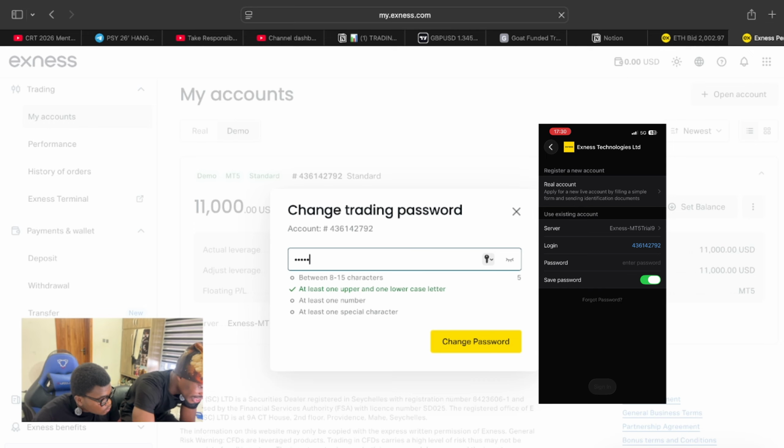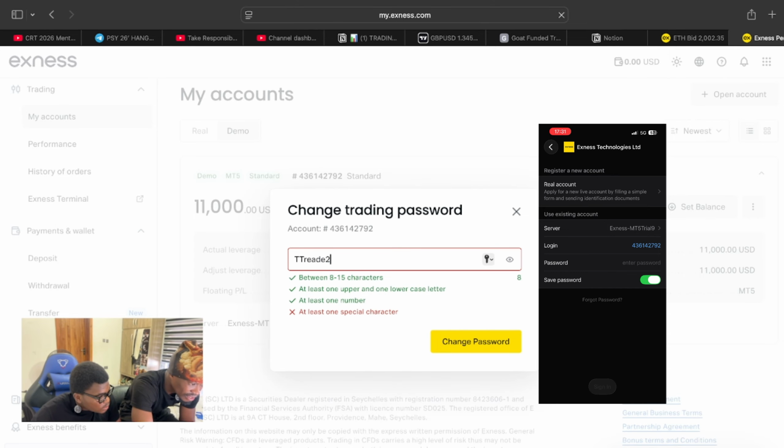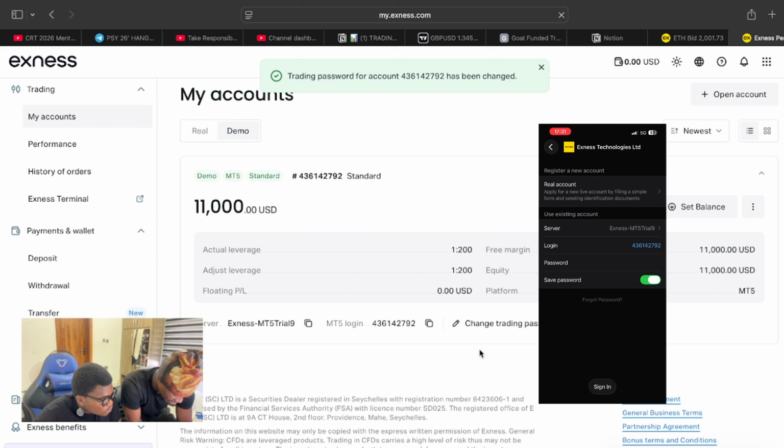TTtrade55@. This is our password, so I'm going to do that right now. TTtrade55@.